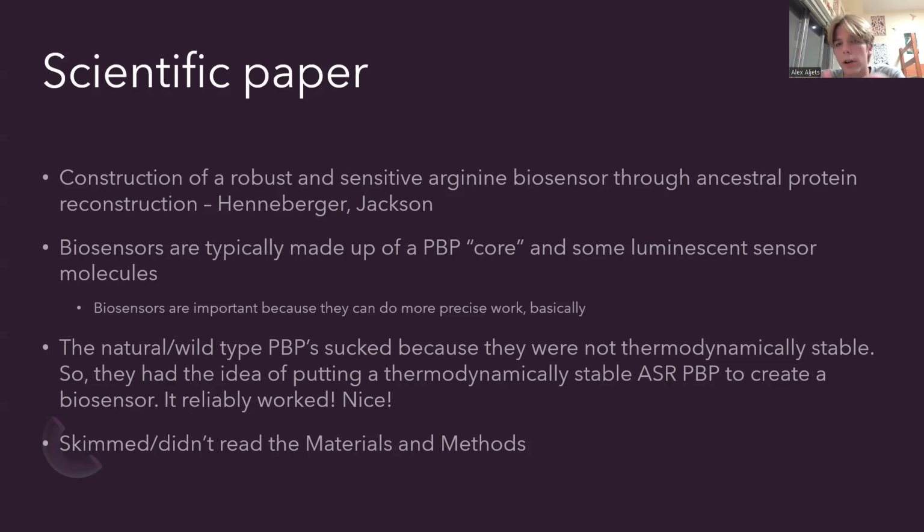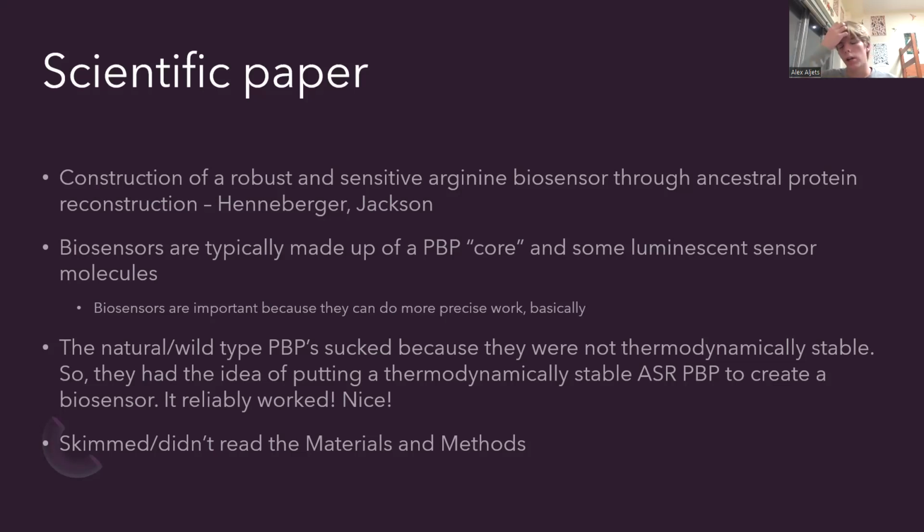So basically their idea was we don't have a sensor right now because the protein cores keep breaking down, because they're not thermodynamically stable enough, or when we add something onto it they become really bad. So they said, what if we looked at ancestral sequence reconstruction to find a good protein that might work to plug it in?